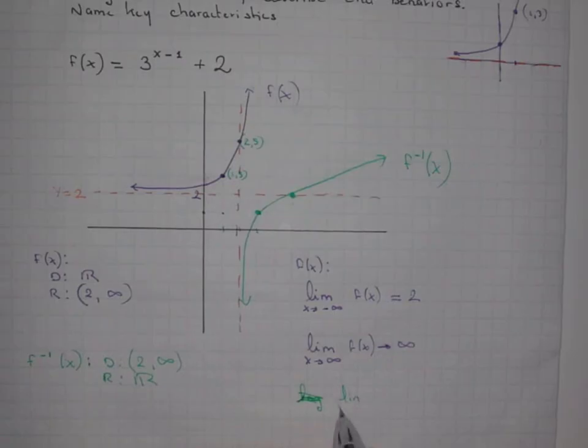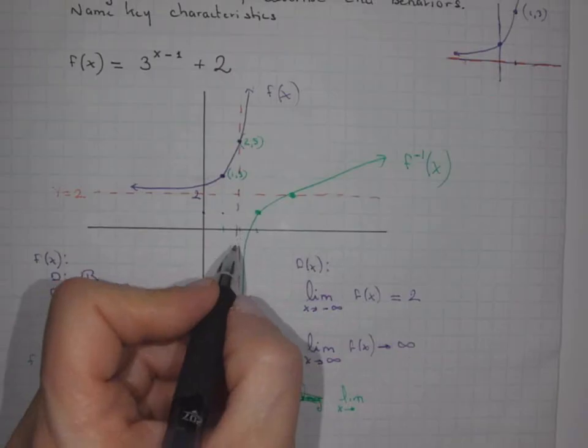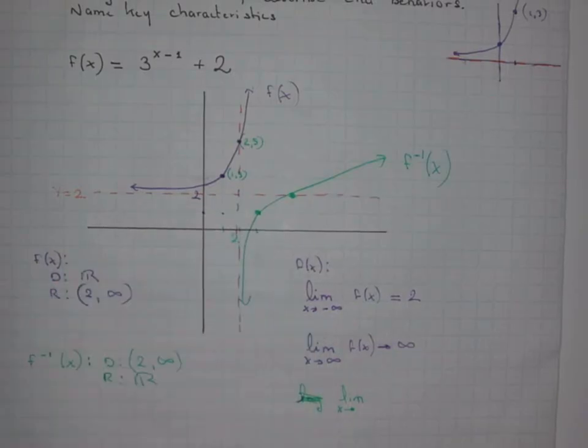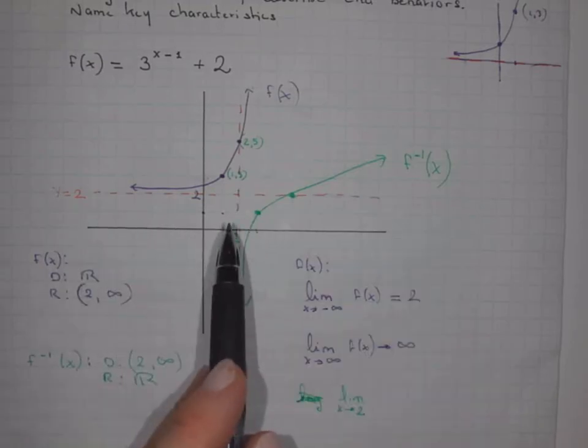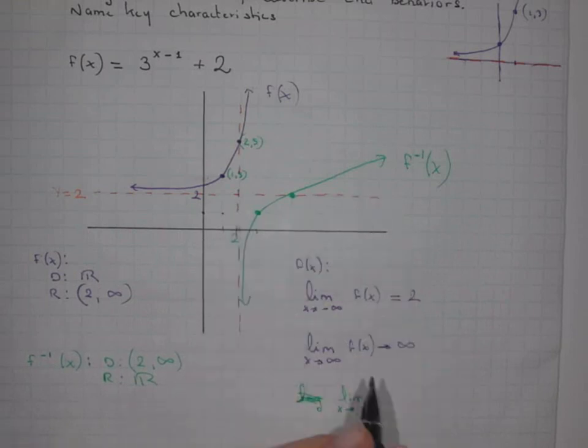The limit as x approaches, and the value it's approaching is going to be 2 here, right? That's my vertical asymptote. So limit as x approaches 2. From what side is it coming? Is it coming from that side or from that side? It's coming from the right side, so we're going to do a plus here to show that. And that's for f inverse.